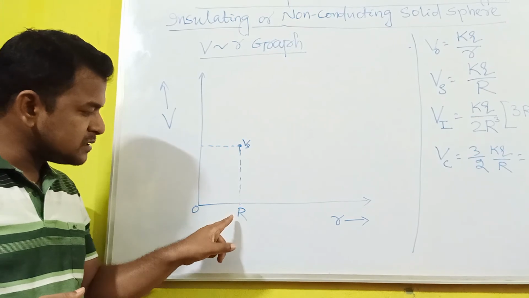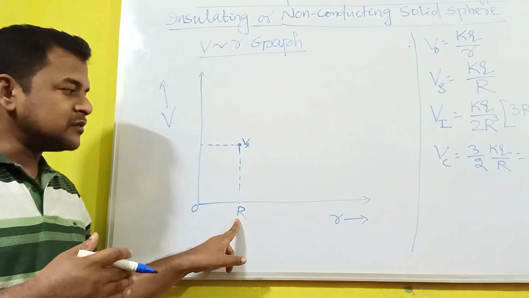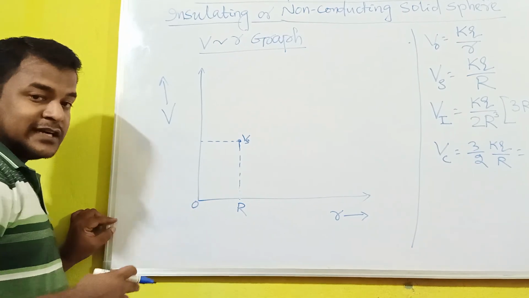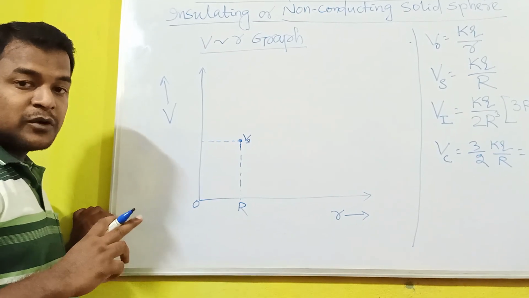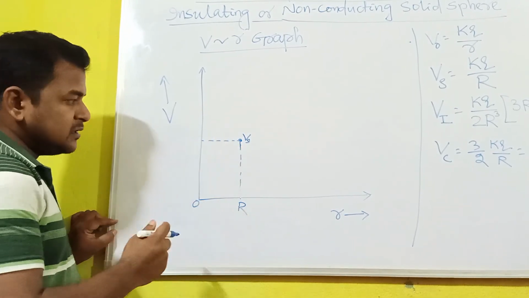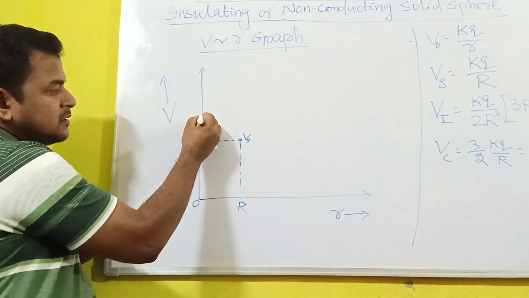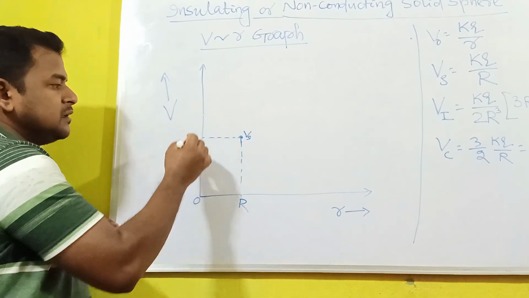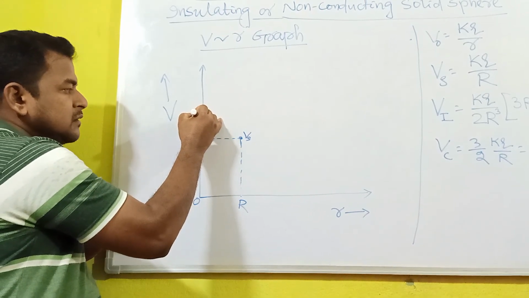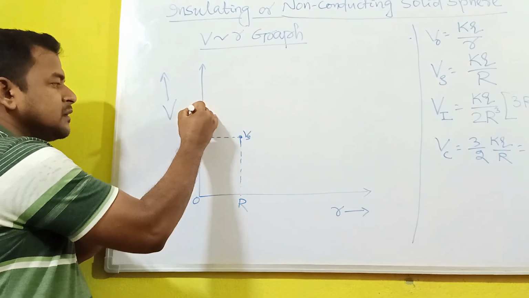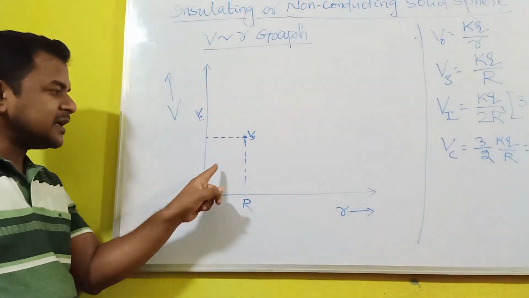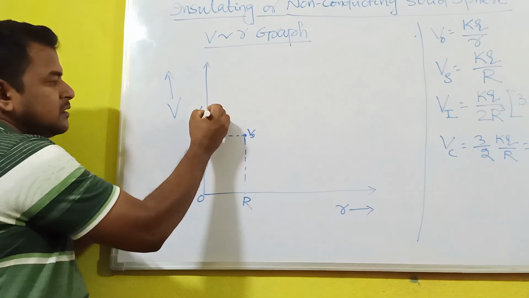On the surface means at R. And at the center, the value is 1.5 times that of Vs. 1.5 times means the value will be here. This is Vc. This is 1.5 times that of Vs.